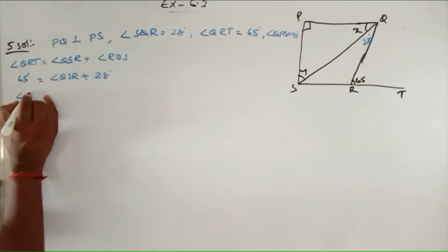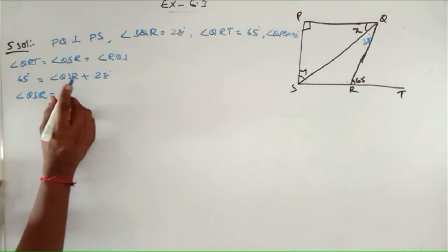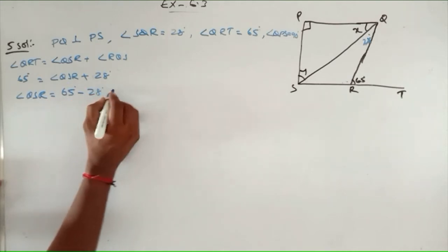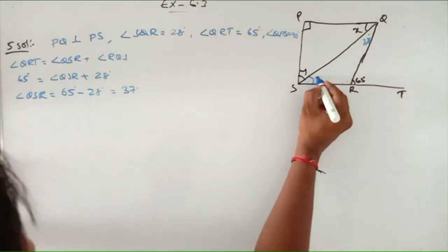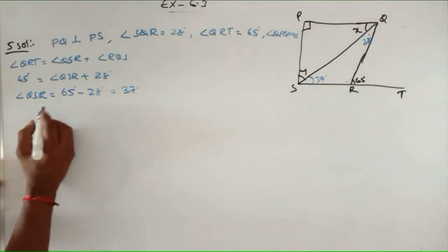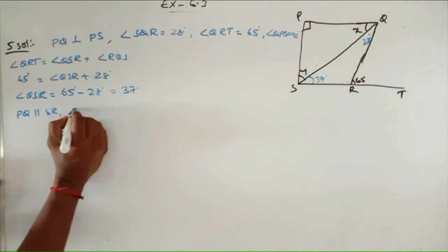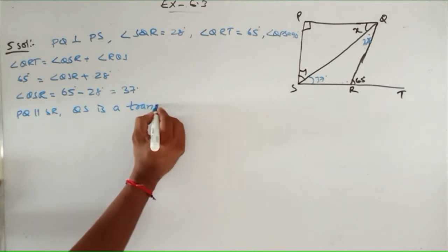Angle QSR is equal to 65 minus 28 degrees. That value is equal to 37 degrees. So this value I got, it is 37 degrees. Now I am considering PQ is parallel to SR and QS is a transversal.